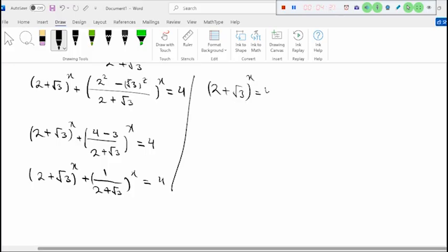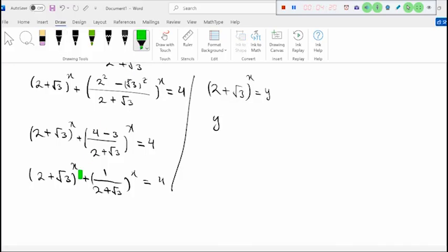For example, we substitute y instead of this part, and also instead of this part, because the power of x is also there, plus 1 over y equals 4.